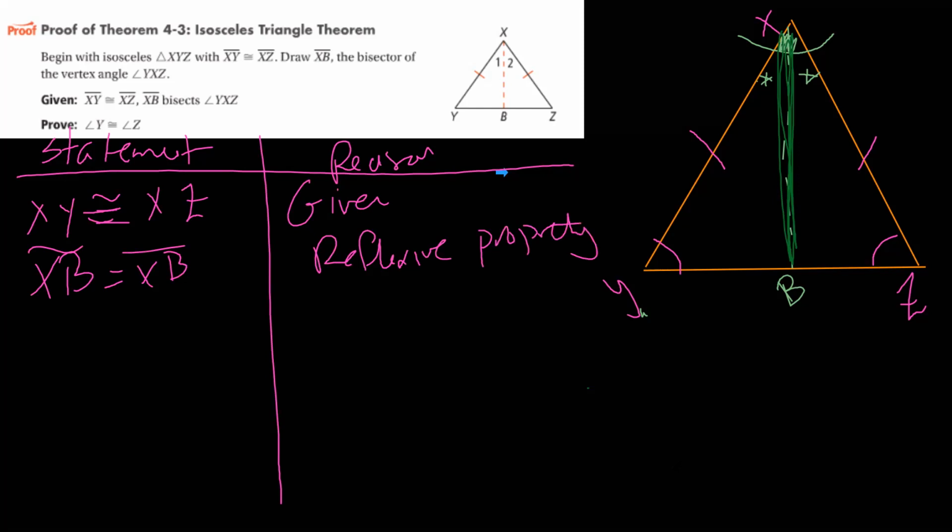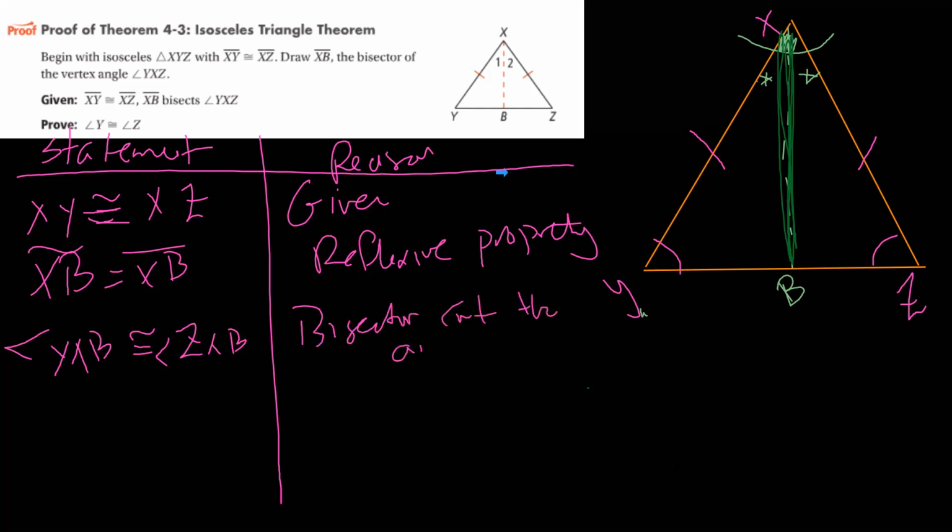And angle YXB is congruent with angle ZXB because the bisector cuts the angle YXZ. So by now, what do I have? I have a side, angle, side. Is it right?